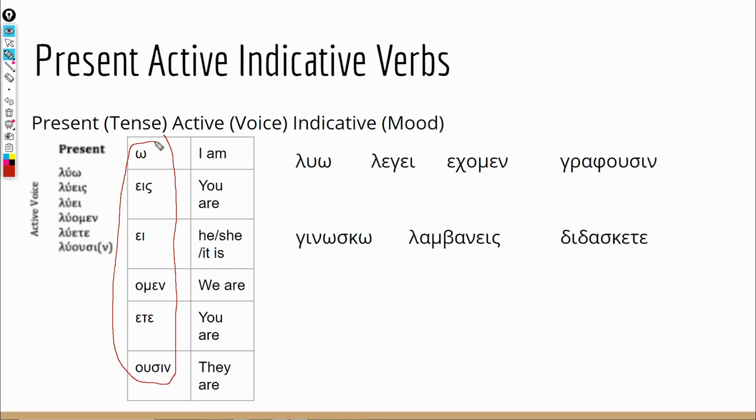These show you the actual endings, and they show you how you would kind of translate them, right? So O is first person singular, I am. Ace, second person singular, you are. A, third person singular. This can mean he, she, or it is, and that of course just depends on what context it's being used in.